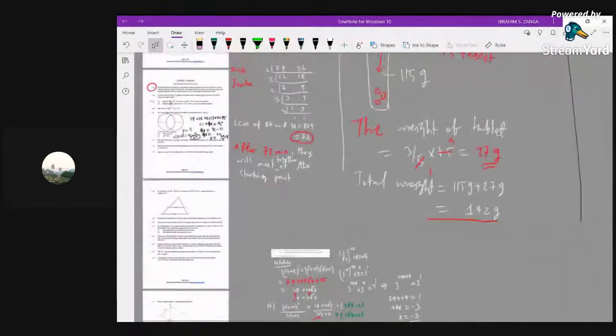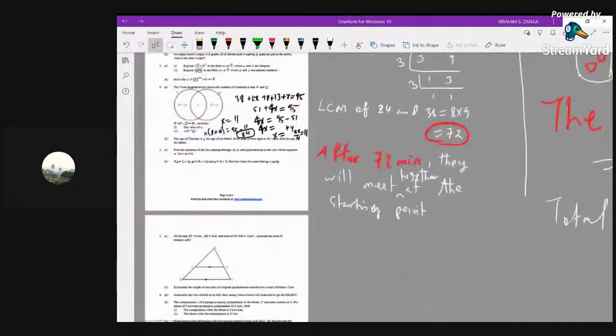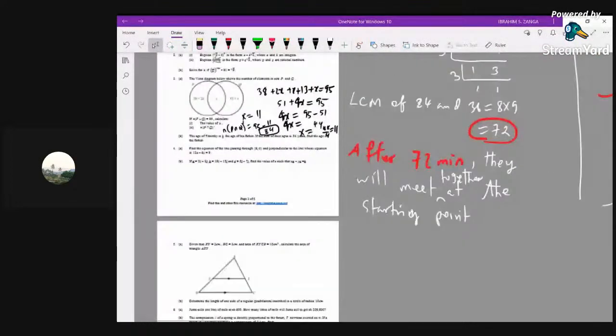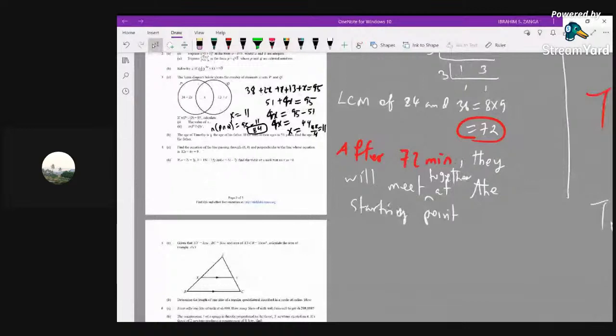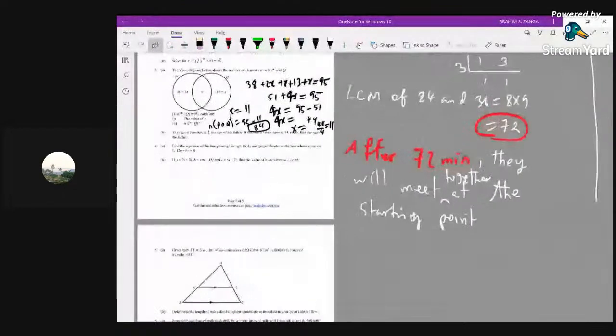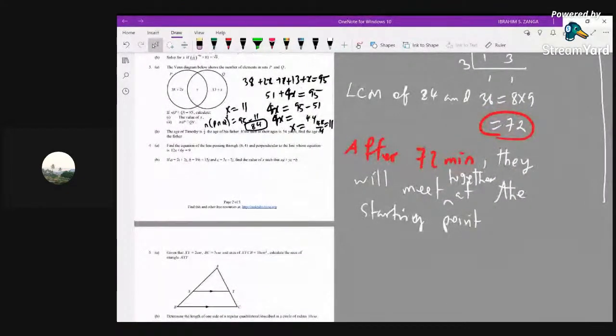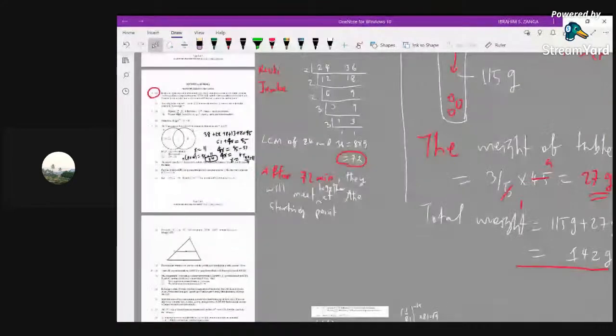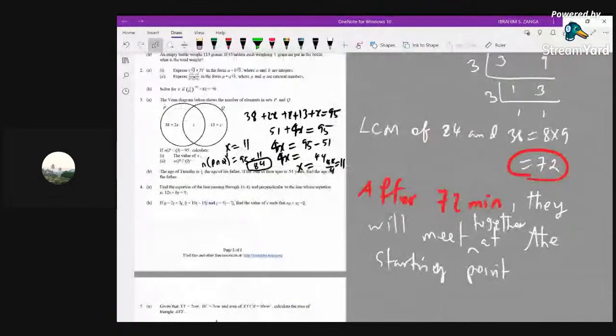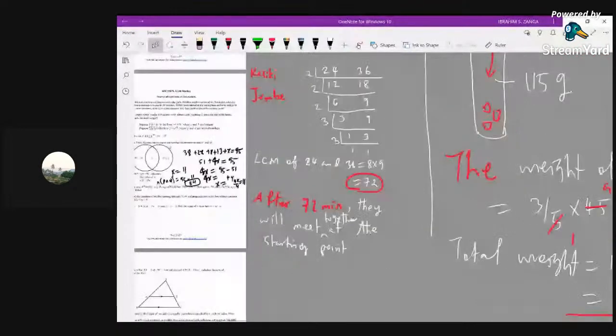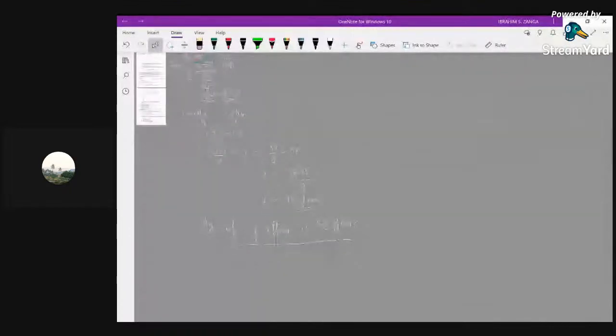We continue with the next question. It is talking about the equation of a line passing through (6, 4) and perpendicular to the line whose equation is given. Find the equation of the line. So we are looking for a line passing through (6, 4), one of the points given. This is question number 4.